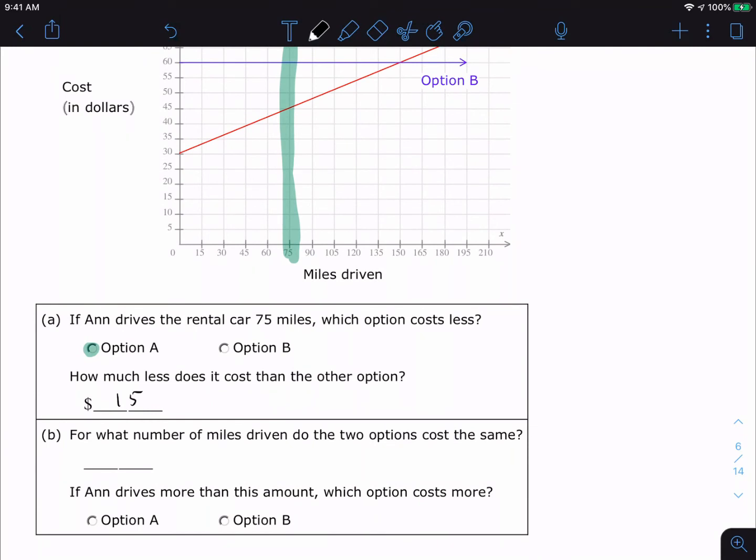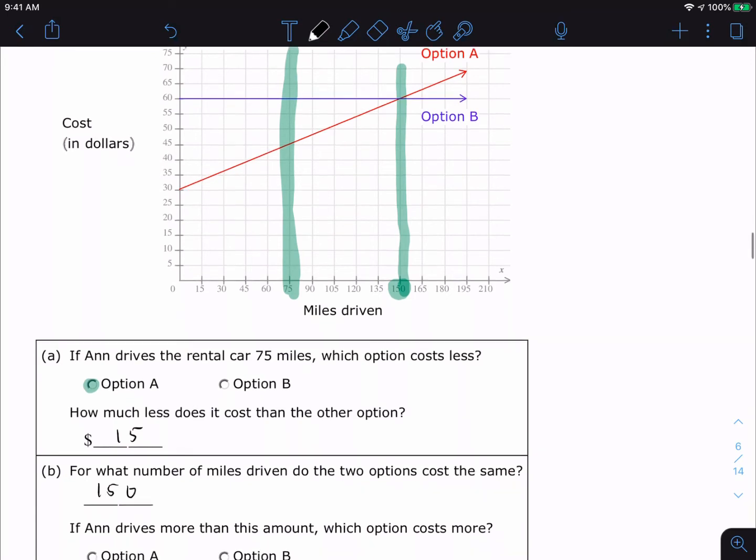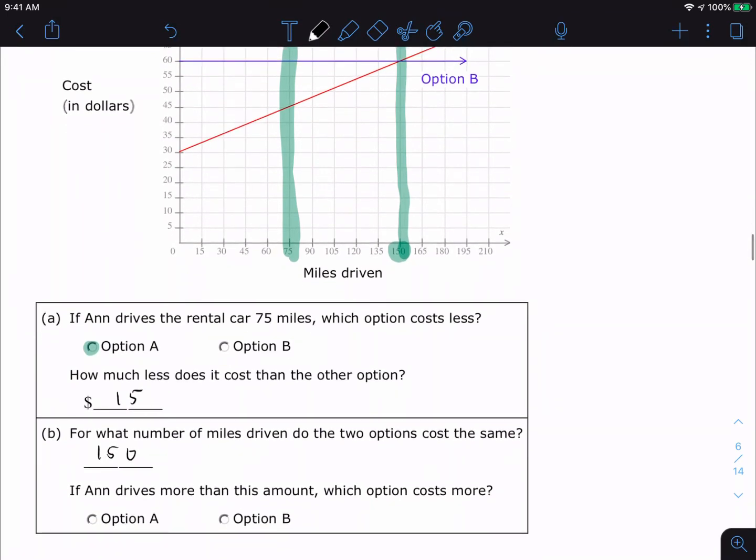And then the next one says, for what number of miles driven do the 2 options cost the same? So we're trying to see when they will cost the same. So that's the intersection. And we see that that's at 150 miles. Right? If Anne wants to drive more than this amount, which option costs more? So it's important that we see what's being asked.